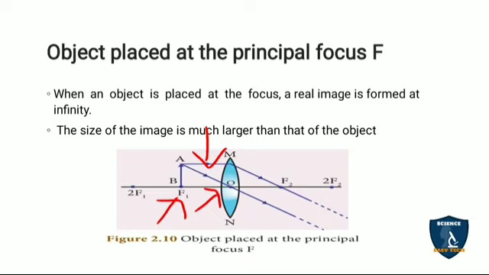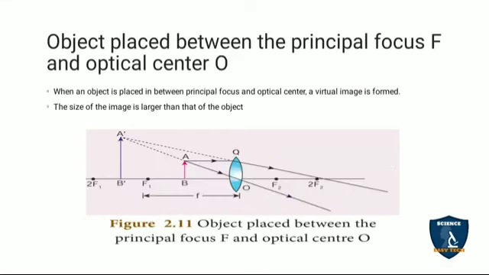After the refraction, we can't see any image. The lines are going parallel. So the size of the image is much larger than that of the object.